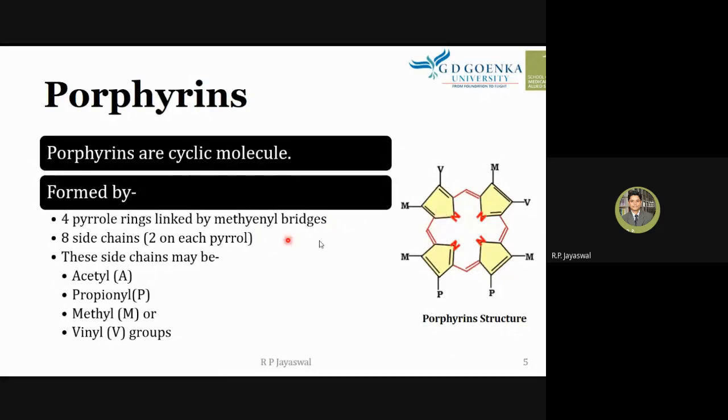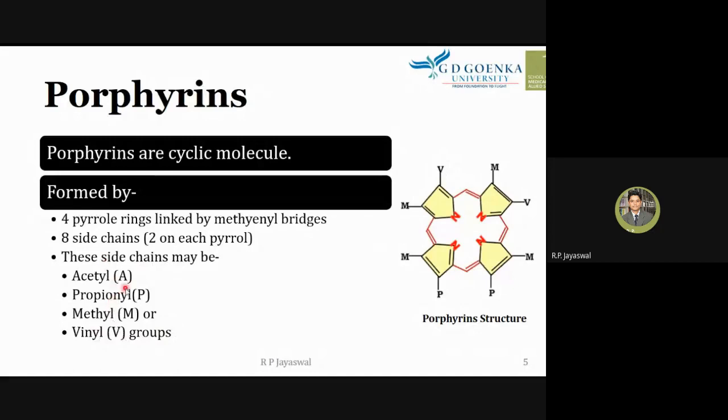There are 8 side chains, 2 on each pyrrole ring. You see the side chains on each pyrrole ring, and these side chains may be acetyl, propionyl, methyl, and vinyl.